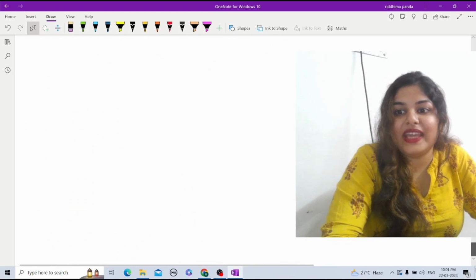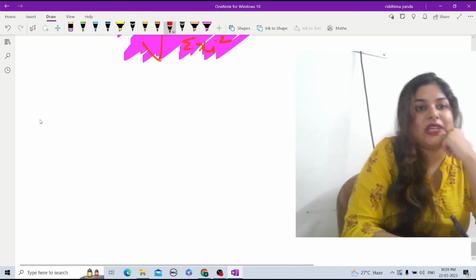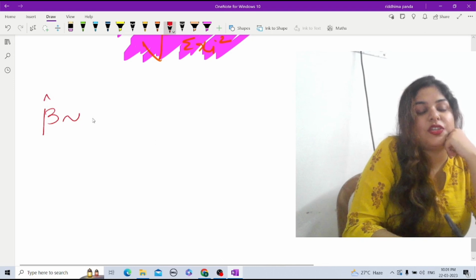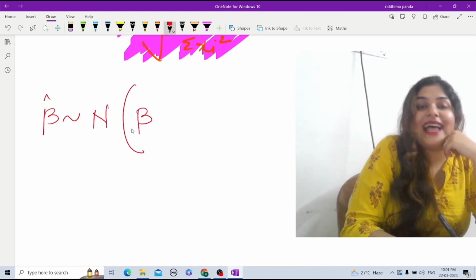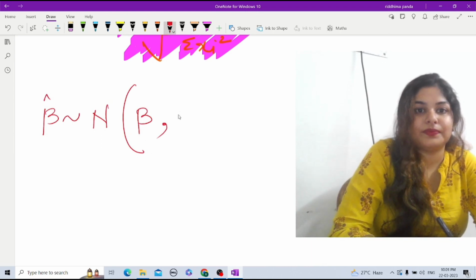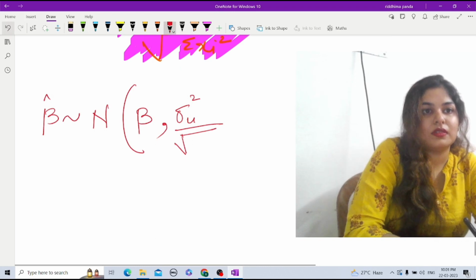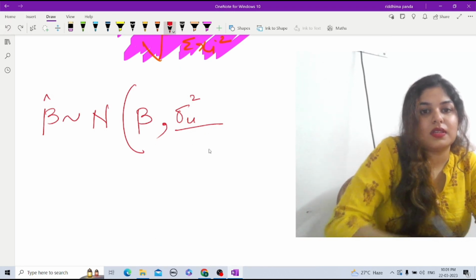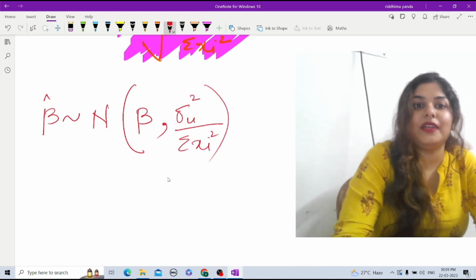Now that we have beta hat here, I can write down that beta hat follows a normal distribution with beta as its mean value and sigma u square by summation xi square as its variance, right?